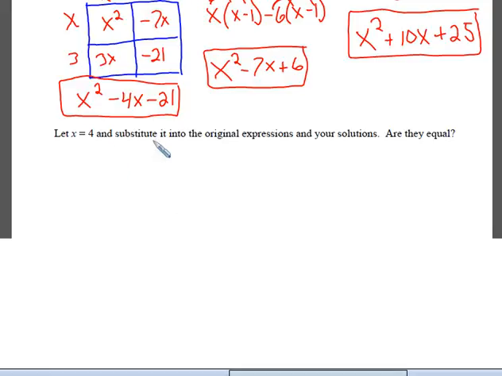All right, so let x equal 4 and substitute it into the original expression and your solution. Are they equal? All right, so we're going to use this space below to test and make sure that it worked. On this side, we're going to have the factored form.